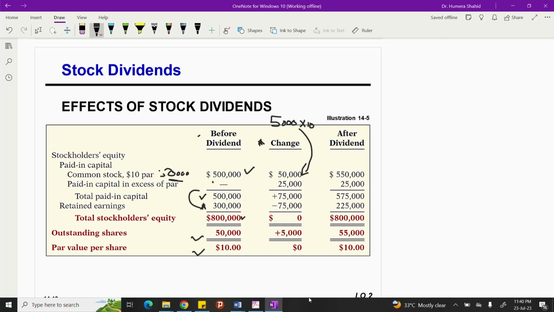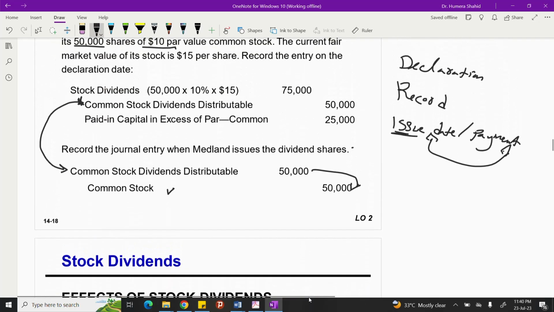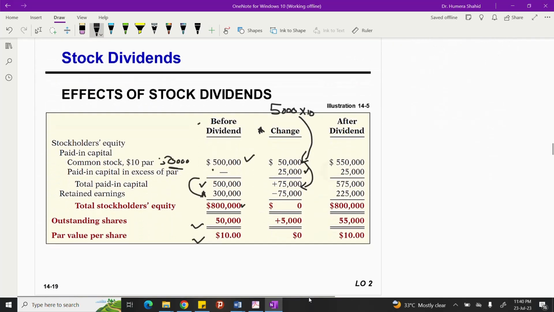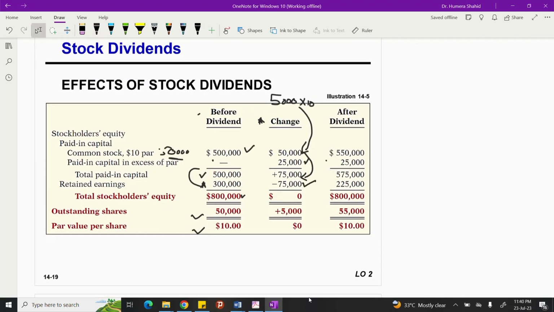So 50,000 common stock will increase. Also, we get paid in capital in excess of par account. So total paid in capital increased by 75,000. And if you remember your first journal entry, it decreased the retained earnings by 75,000 in the form of stock dividend. So retained earnings will be decreasing by 75,000.